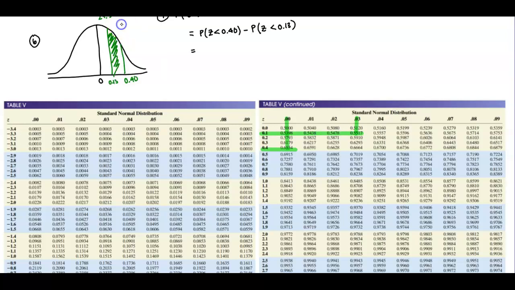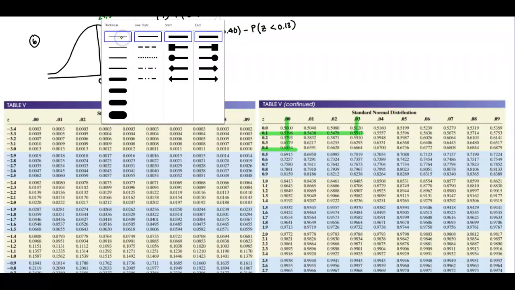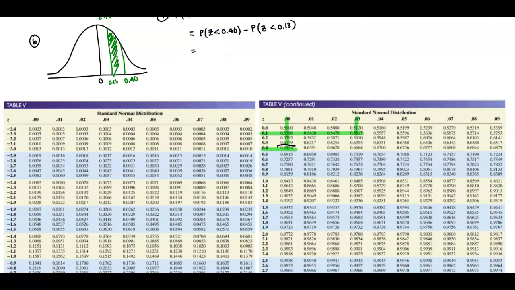So let's go ahead and write that out here. We have 0.6554 minus 0.5517, which gives us a probability of 0.1037.